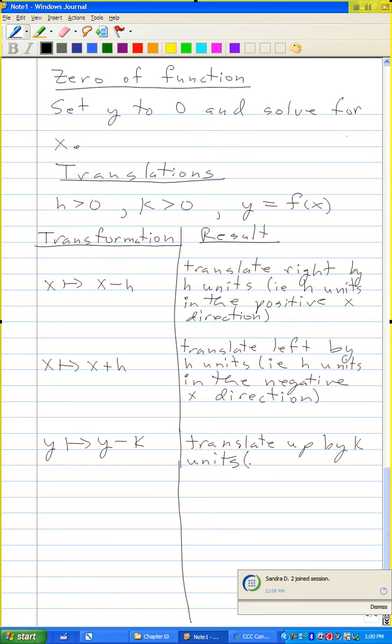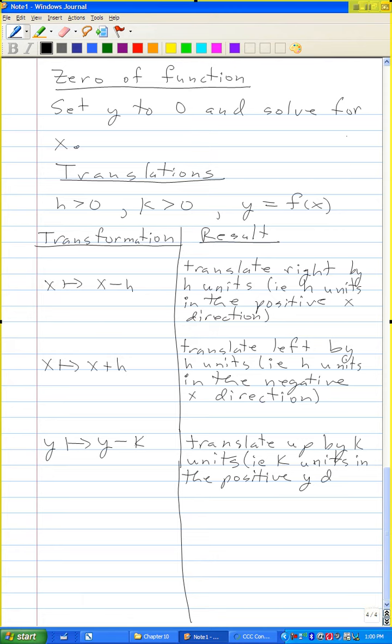In other words, k units in the positive y direction.